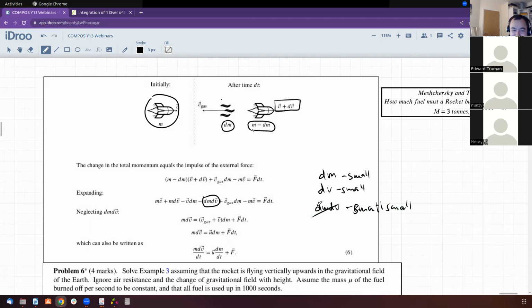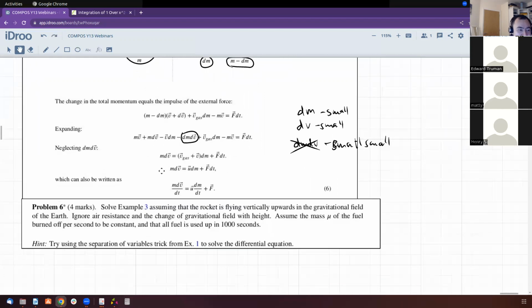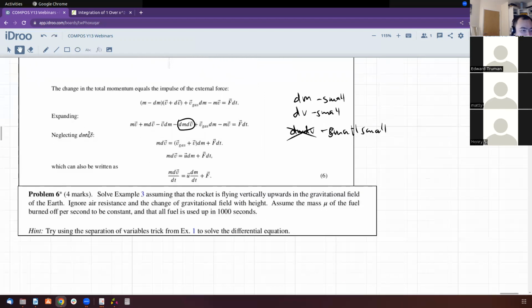That's why we can set it to 0. It's the next order of magnitude smaller. So we can rearrange this, and we have this differential equation, which is quite cool, actually.